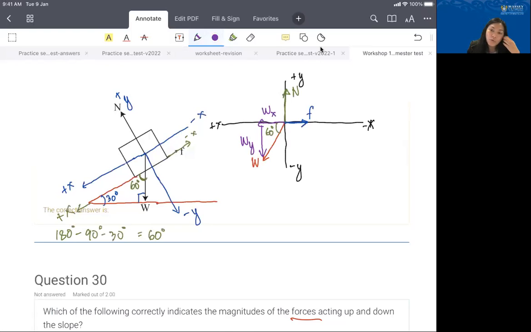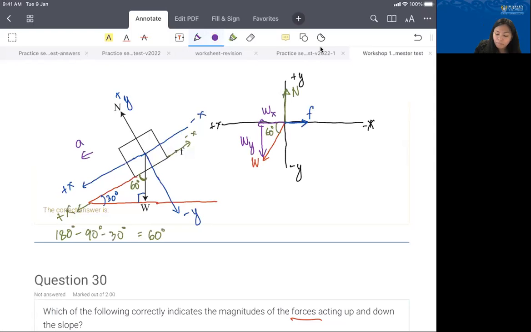Good question. There's a question there: plus x is on the left and the box is moving down the slope. Usually when the box is moving down the slope, your acceleration is going down.